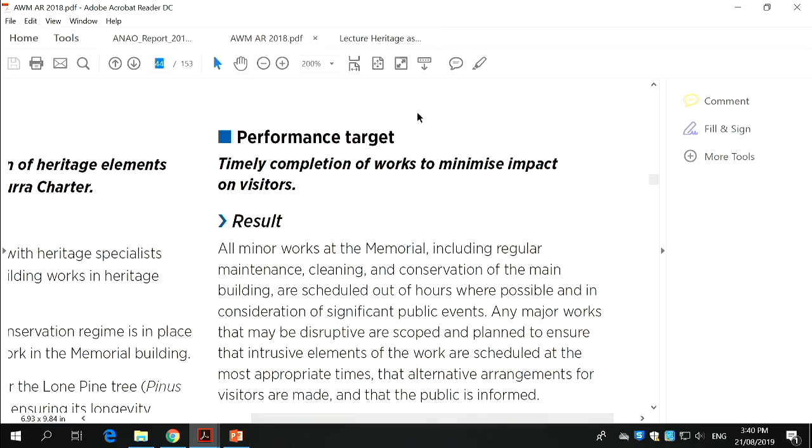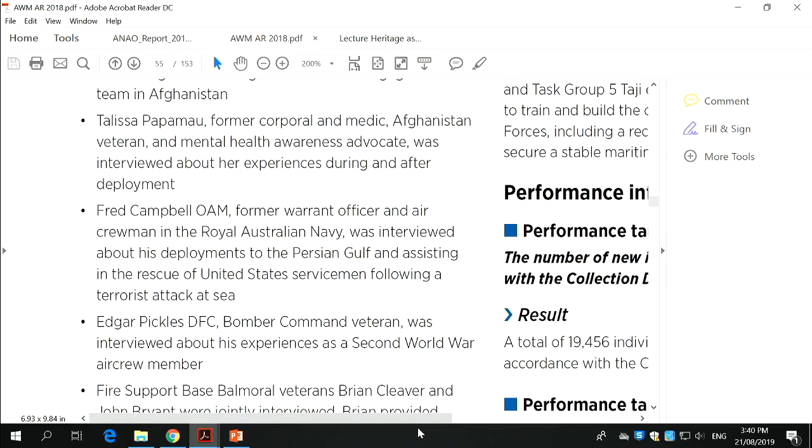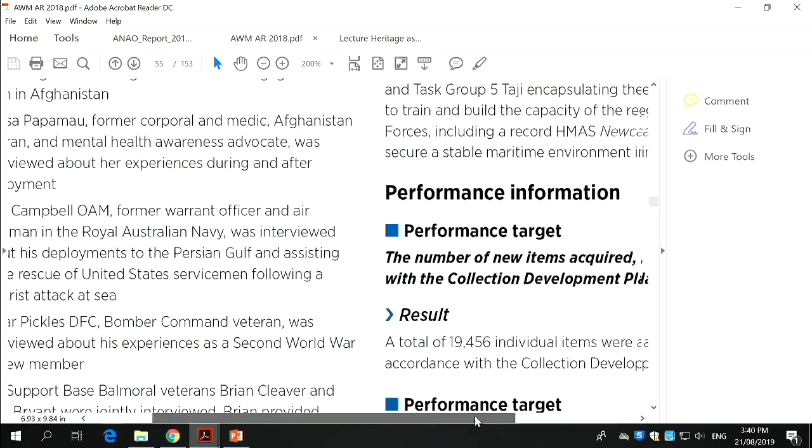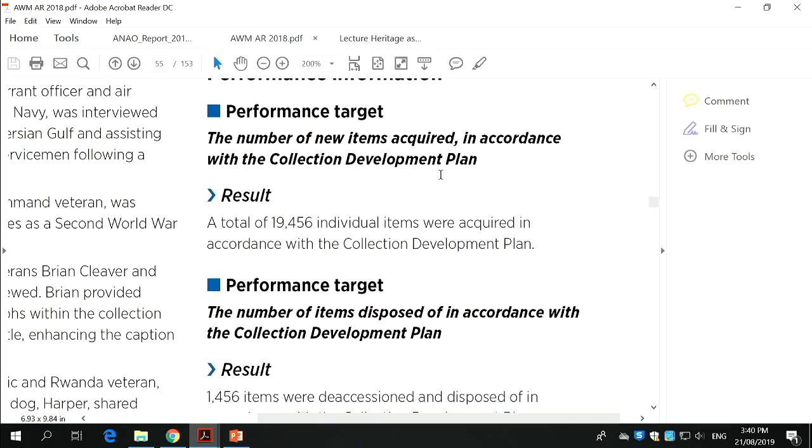Let's look at some of those. Another is the number of new items acquired. You show what is new and how many new items are being acquired. So you have a list of the items, and that might be more useful, and the number of items disposed.